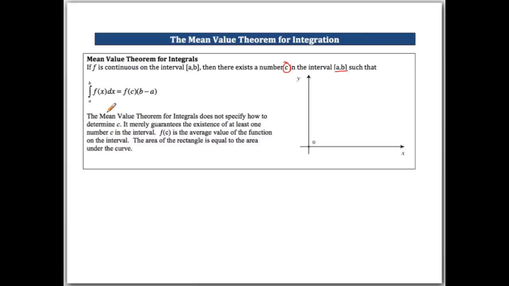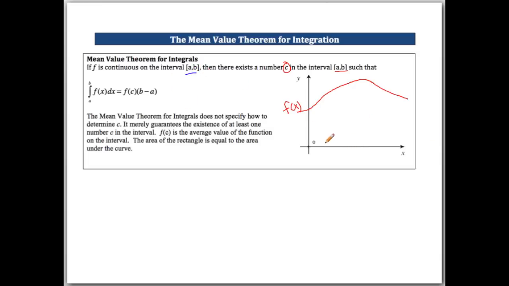Okay, so what we want to do is draw a little picture that's going to help us understand what this mean value theorem is saying. So let's just draw any sort of function right here. We'll just call this f of x. Now we want to outline an interval from a to b.